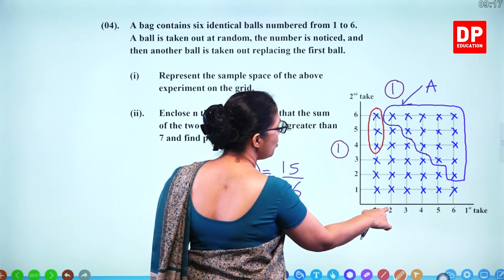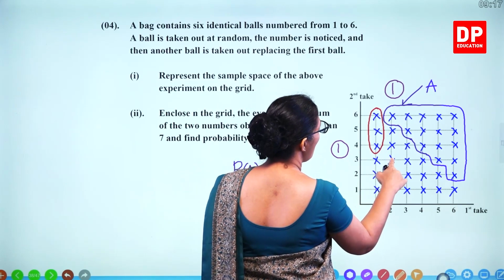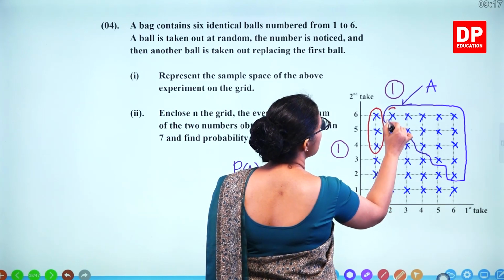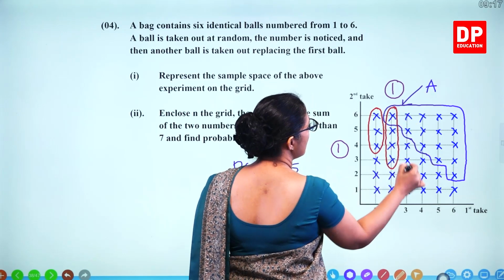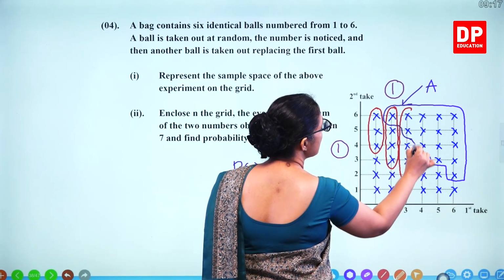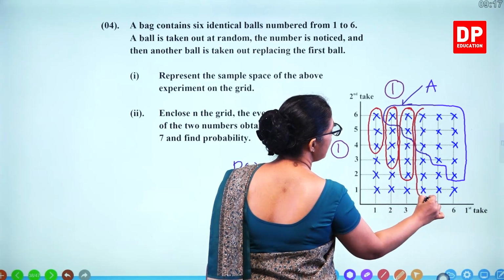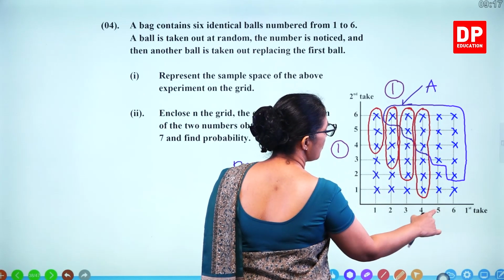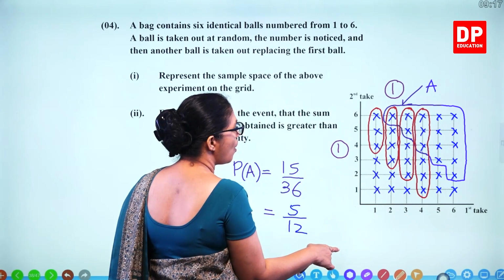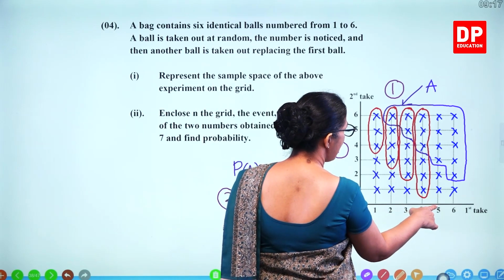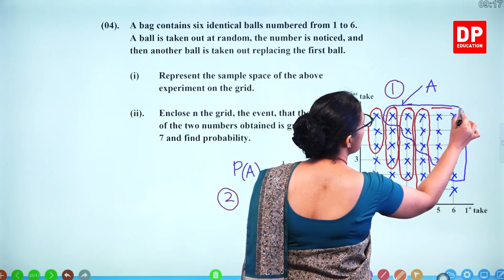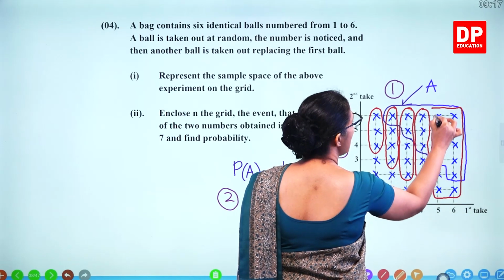Then with 2, this is 4. More than that, this is this one. So likewise, you get 1 more than that. So here with 5, all outcomes you can take. So altogether how many?